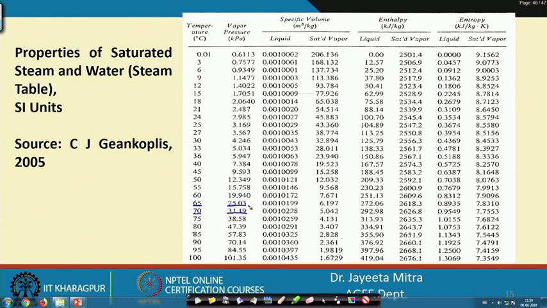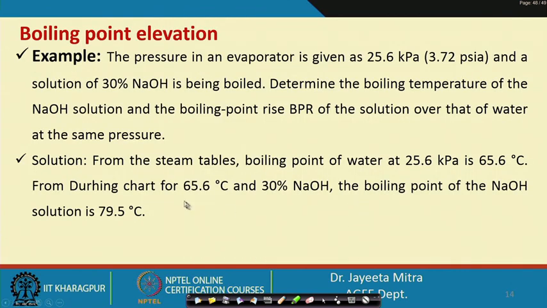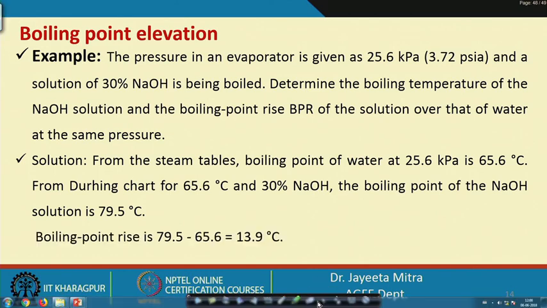So, in between these two we need to interpolate for 25.6 kilopascal, and that comes around the temperature that we have measured, 65.6. From the Duhring chart we have read 79.5 for the solution of 30% NaOH. So, 79.5 minus 65.6 will be the boiling point elevation. We will stop here and continue in the next class. Thank you.